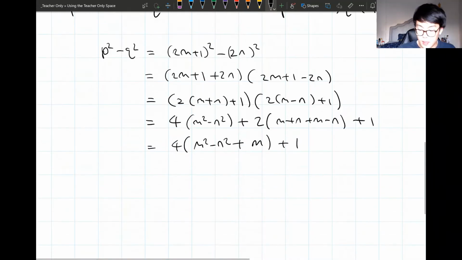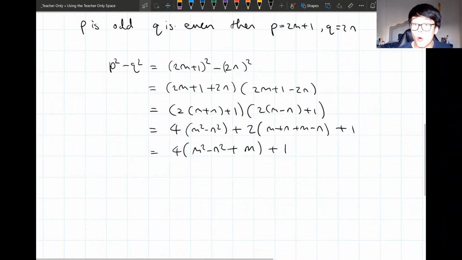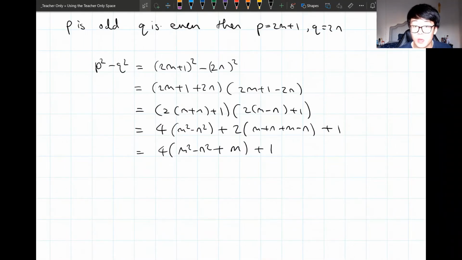So again, this is not of the form 4k plus 2, and so if p is odd and q is even, this doesn't work either. And you could also prove that p is even and q is odd, and you would just see a very similar result.